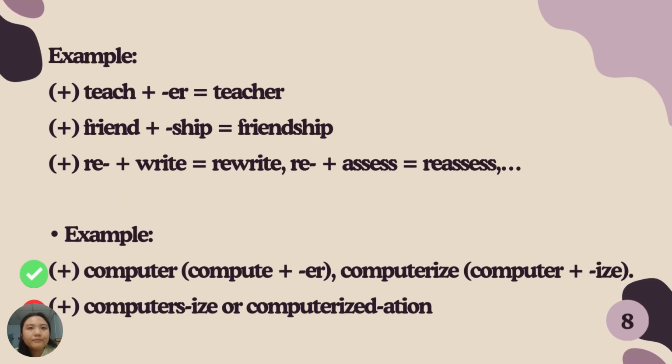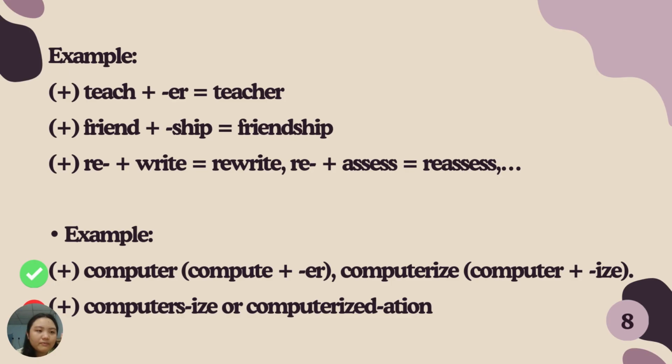For example, if we start with a verb that describes an action like teach and we add the morpheme -er, we derive a morphologically complex noun, teacher, that refers to a person who does the action of teaching, right?